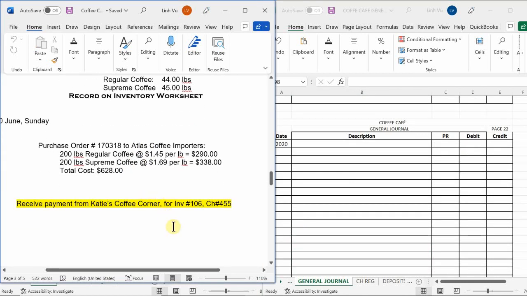So then it says here that we end up receiving a payment from Katie's Coffee Corner for invoice 106, check number 455. Okay. So how do I journalize this?